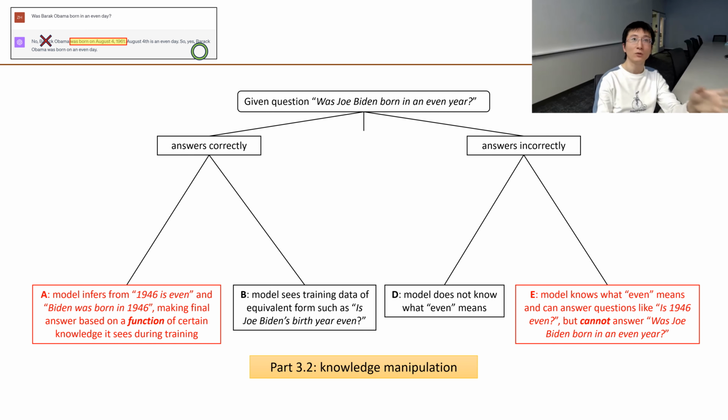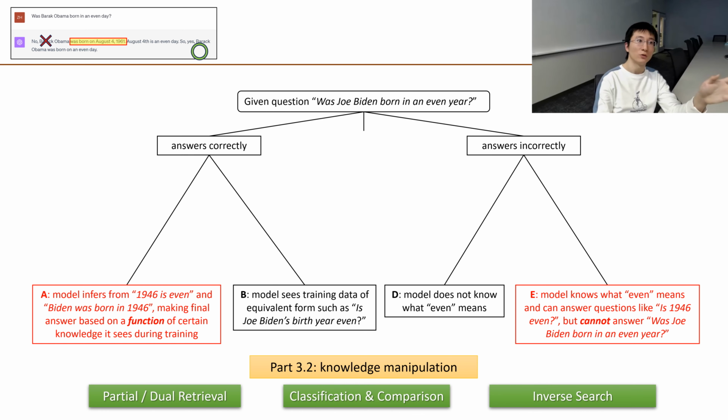Then how good can the model be at manipulating such knowledge? We're going to study 3 basic manipulation tasks: knowledge partial and dual retrieval, knowledge classification and comparison, and knowledge inverse search.